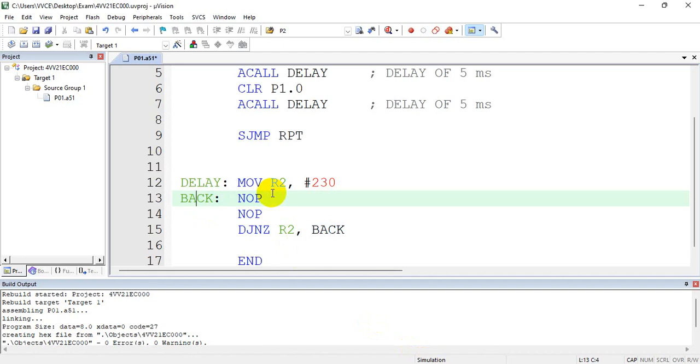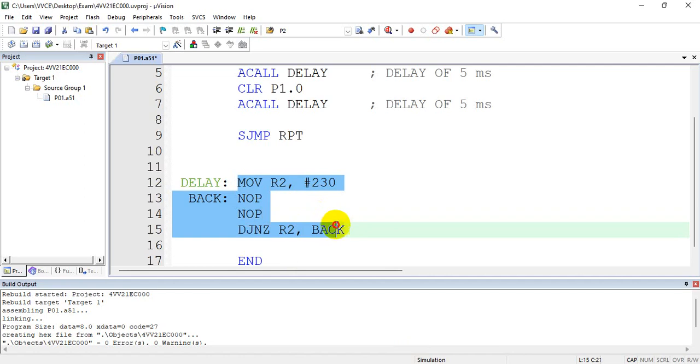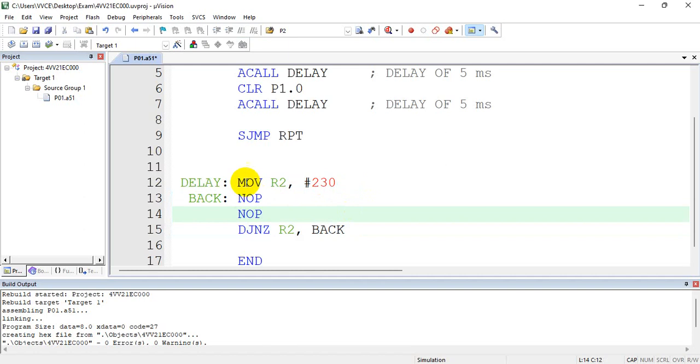So this code is for 1 millisecond, but what is our required delay? It is 5 milliseconds. So if I repeat this code 5 times, it will provide me a delay of 5 milliseconds.